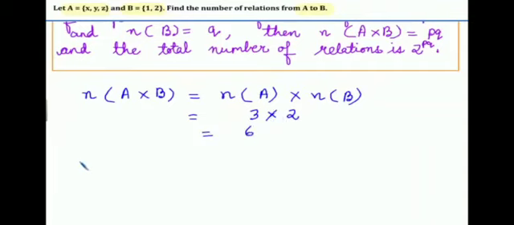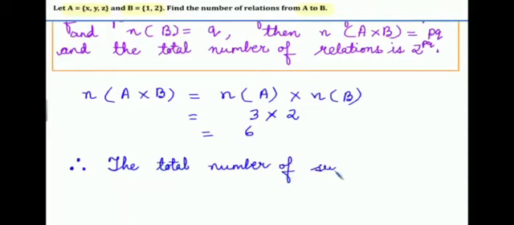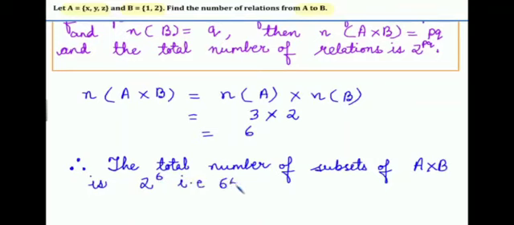So the total number of relations is equal to 2 raised to 6. The total number of subsets of A cross B, which is also called the relations between A to B, is 2 raised to 6, that is 64. 64 is your final answer.